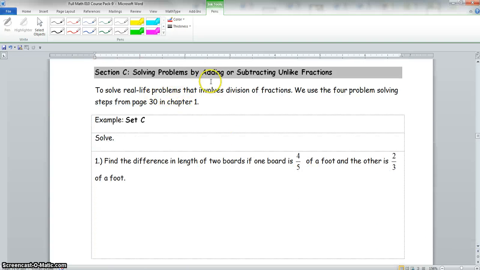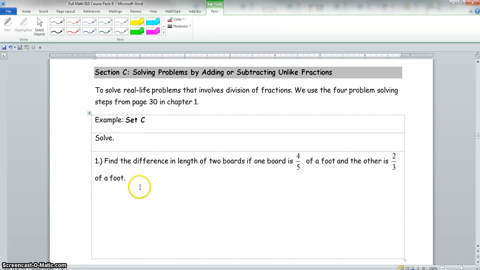Now we have solving problems by adding or subtracting unlike fractions. To solve real-life problems that involves division of fractions, we use the 4 problem solving steps from page 30 in chapter 1. Okay, let's take a look here. It says find the difference in length of 2 boards if one board is 4/5 of a foot and the other is 2/3 of a foot.